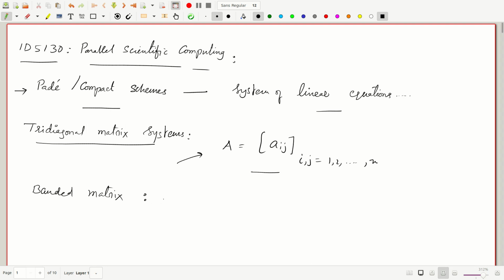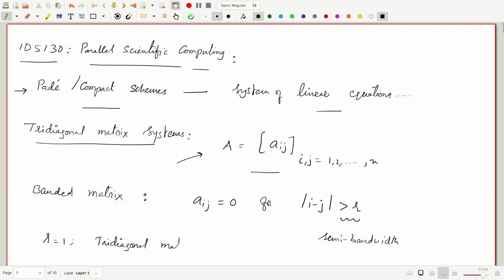First let us look at the banded matrix. A is banded if A_ij is equal to 0 once you go outside some bandwidth, where r is the semi-bandwidth. So if the modulus of i minus j is greater than r and the elements of the matrix are 0, then it is called a banded matrix, and if r is equal to 1, what you get is a tridiagonal matrix.